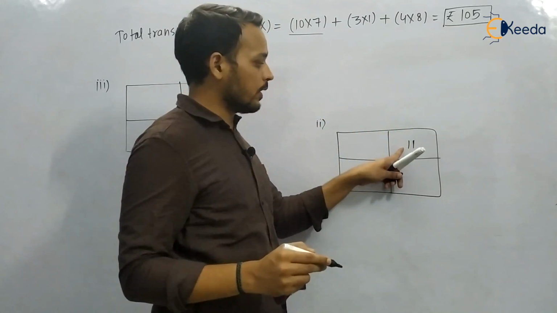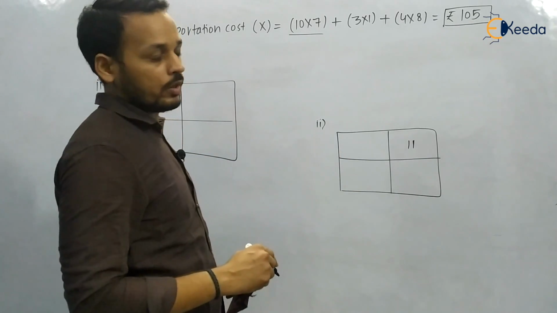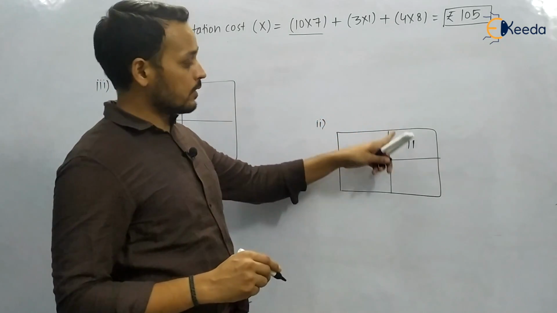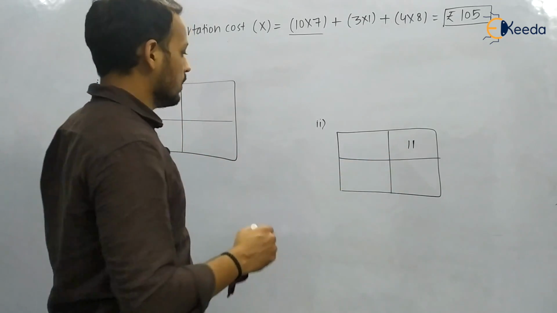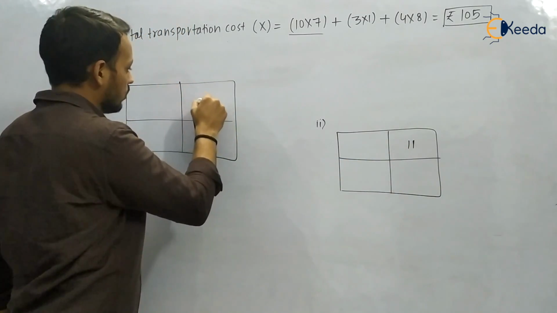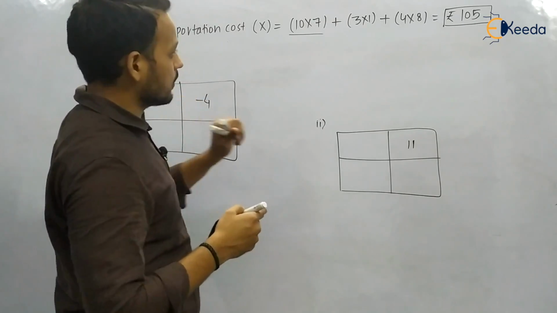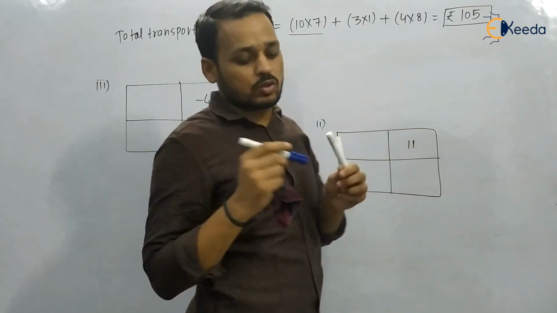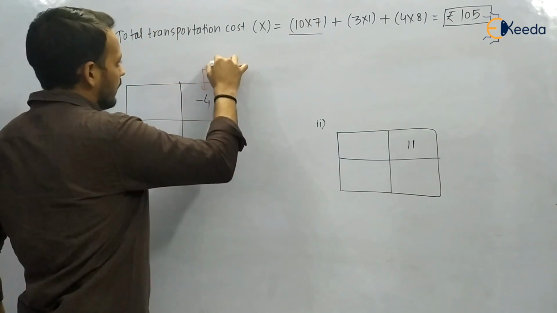So the original cost cell, you can see here it is 7, so 7 minus 11 we have to do. C12 minus this Ui plus Vj, so you are getting 7 minus 11, that is minus 4. Since we have got a minus, it means that this is not the optimal solution. And this minus is our identified cell.